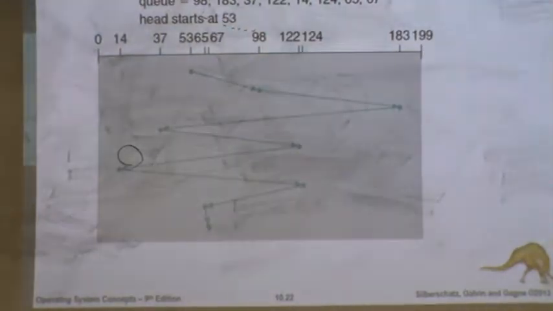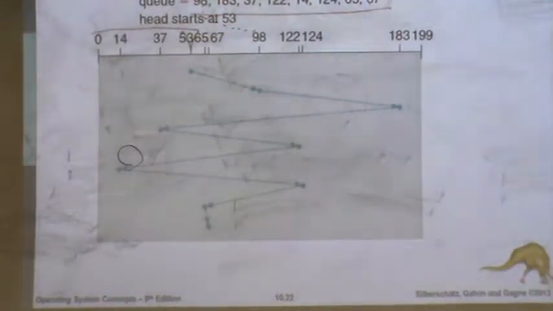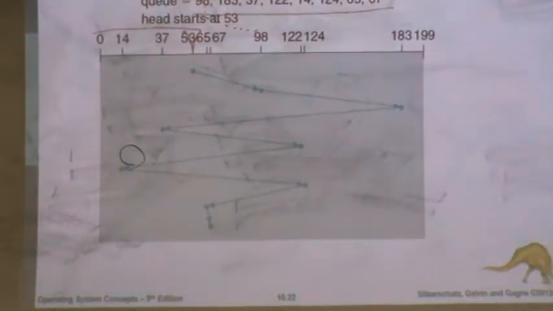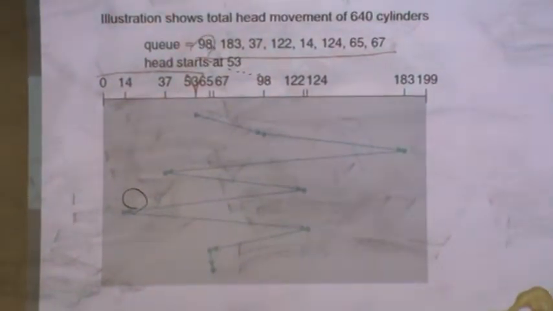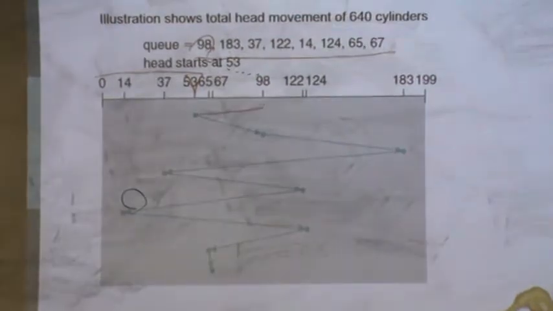Okay, so let's see. In the queue, we have 1, 2, 3, 4, 5, 6, 7, 8 requests. Then the current head position starts at 53, which means our disk arm is here. Then the next one is 98. So 98 here, this is the distance.